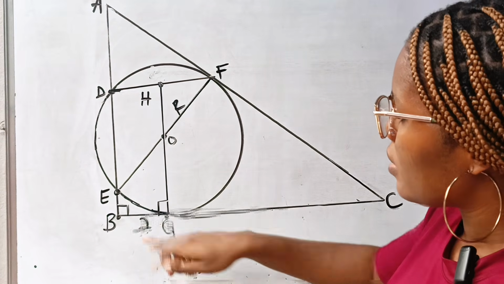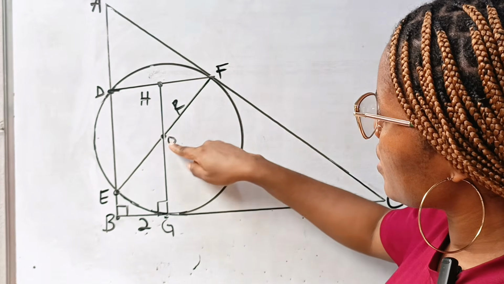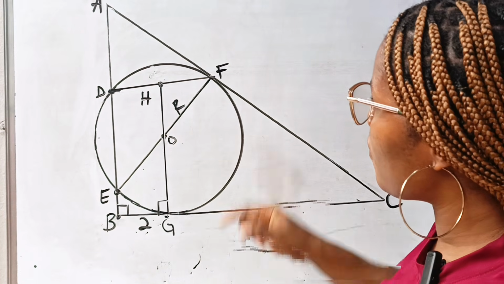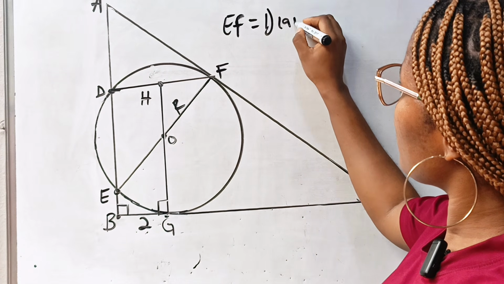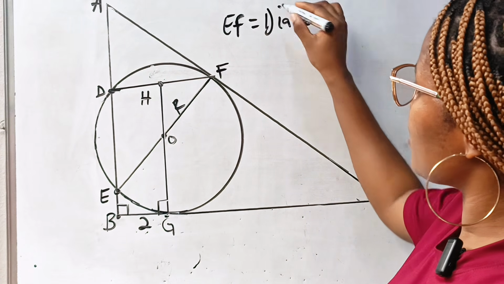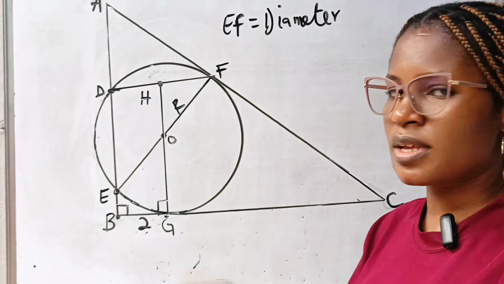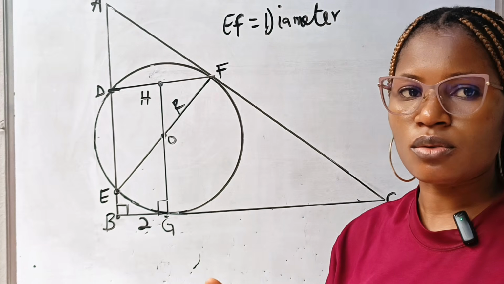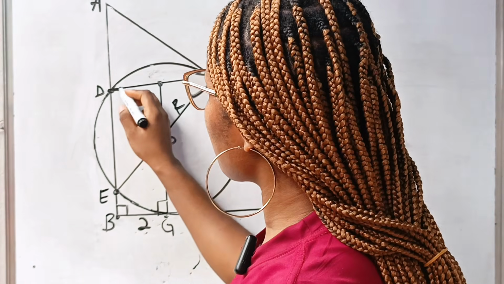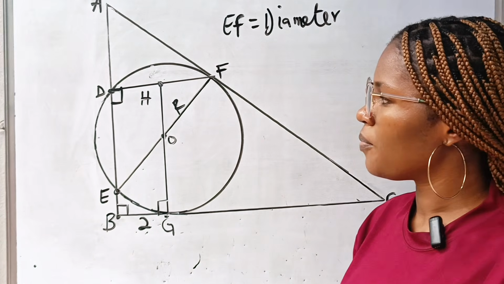Now, if this is the center of the circle, EF is the diameter. Remember that a diameter subtends an angle of 90 degrees at the circumference of the circle. So that proves that our point D is 90.